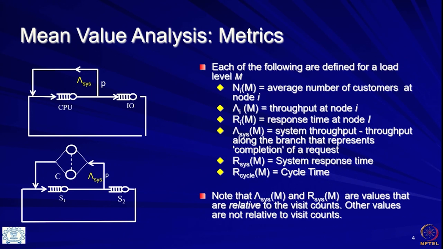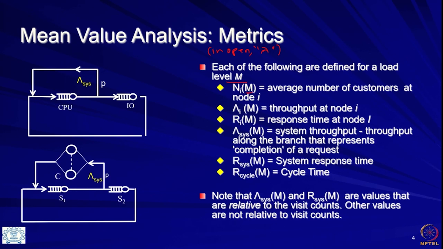Now, let us go over a little slowly on the metrics that the mean value analysis is going to derive. Remember that in closed queuing networks, each of the metrics is defined for a load level m. This is similar to the metrics in open queuing networks, where everything is a function of lambda, the arrival rate. We do not write the metrics with the lambda parameter in parentheses like we are writing here.